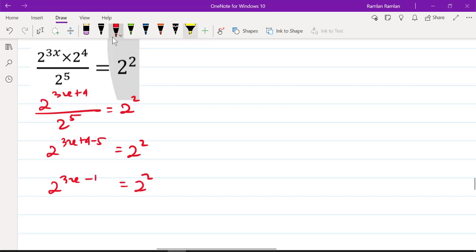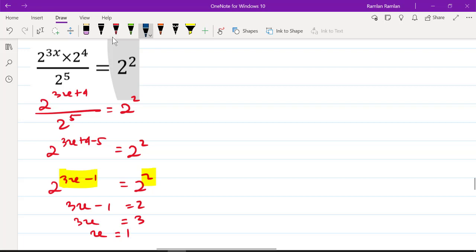Now we have the same exact base number, and it is in the simplest form of expression, so we only need to take the power. So that'll be 3x minus 1 equals 2. I'm going to move that minus 1 to the right side. That'll be 3x equals 2 plus 1, which is 3. And x equals 3 divided by 3, which equals 1.